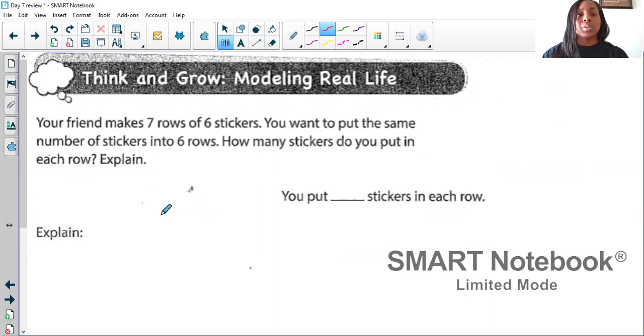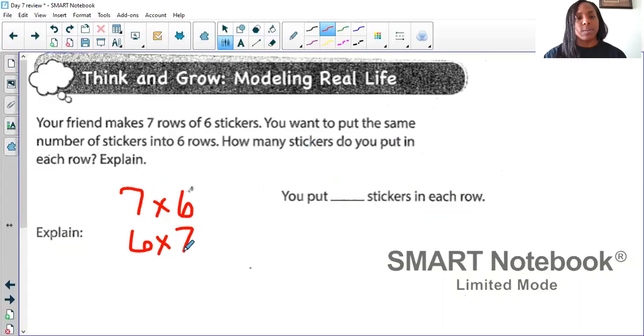Explain. So if I take a look, 7 rows of 6 stickers, that means I'm going to do what? 7 times 6. All right? But it says you want to put the same number of stickers into 6 rows. So what is that going to look like? If I do 7 times 6, then what is the other way I can do it? 6 times 7. That's right.